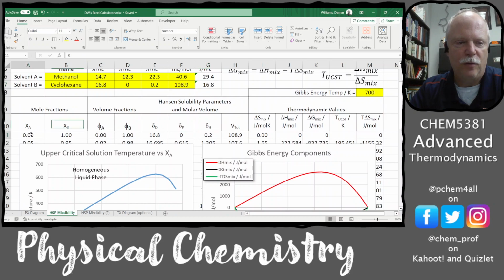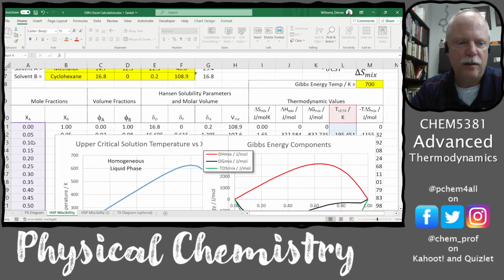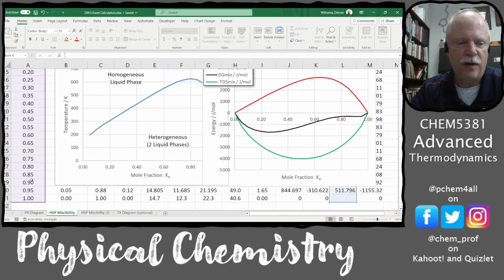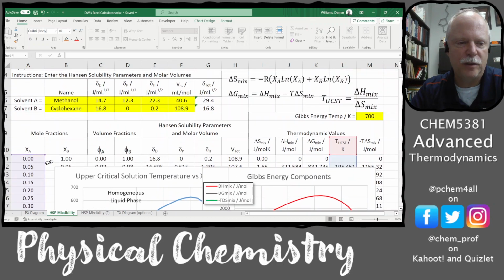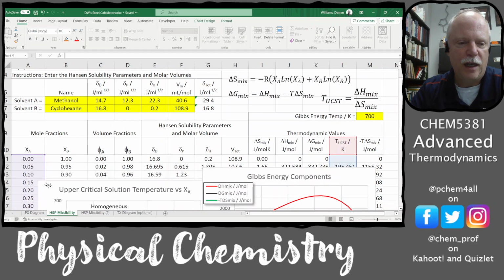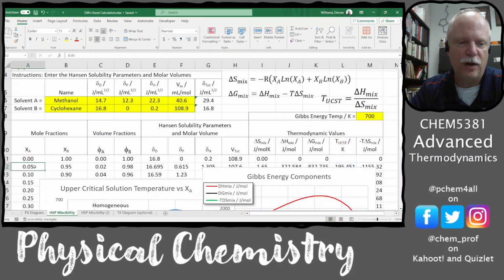I calculate my mole fractions of A and B, like I said, at 0.05 increments, so I have 20 lines, and then I calculate the volume fractions. Okay, so think about this. I've got this relative number of moles here for XA. That's going to be times the molar volume of A, divided by the moles times the sum of those two.